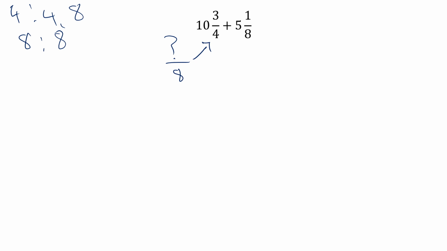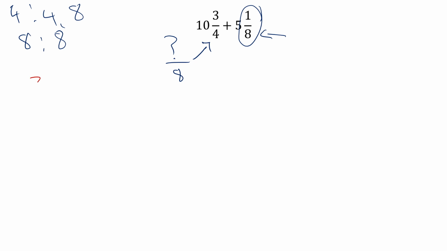And if we do that, do we have to do anything with our 1/8? No, we can just convert our 3/4 to an equivalent fraction with 8, and then we can leave this guy here just as he is. And that's perfectly fine. You do not, and you will not always have to convert both fractions in a problem. The goal here is finding a common denominator, not necessarily converting both your fractions.